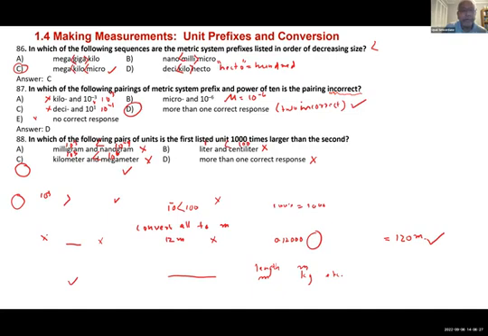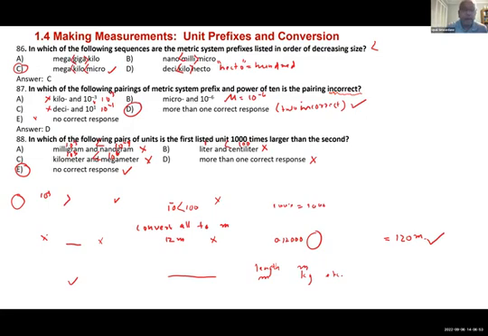If you look at those things, the only correct answer is liter and centimeter is not correct. The answer is C, more than correct. No correct answer.